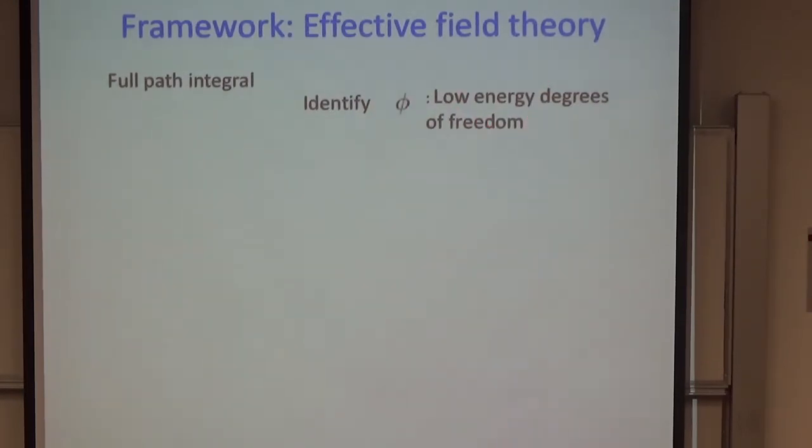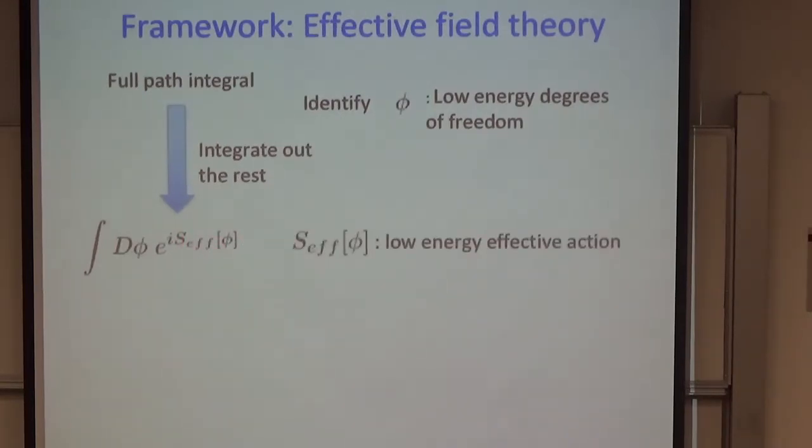What you do is integrate out all the rest. And then you get the path integral of only the low energy degrees of freedom, with a low energy effective action. This low energy effective action will be enough to describe all your low energy physics. Okay, so this is the basic idea.